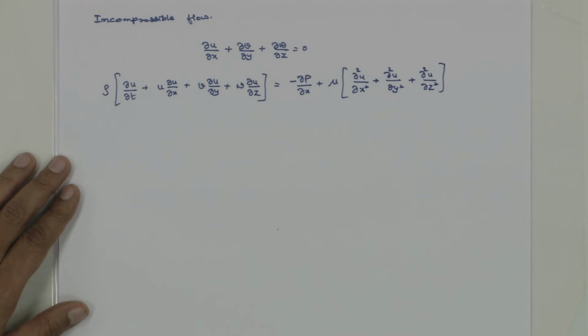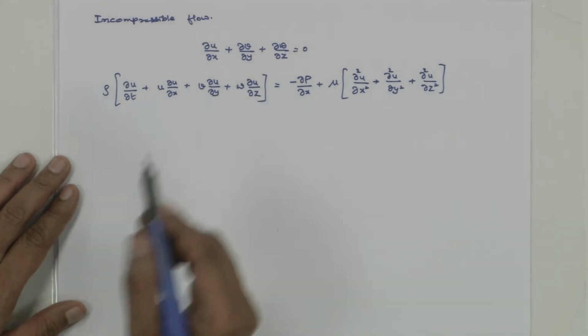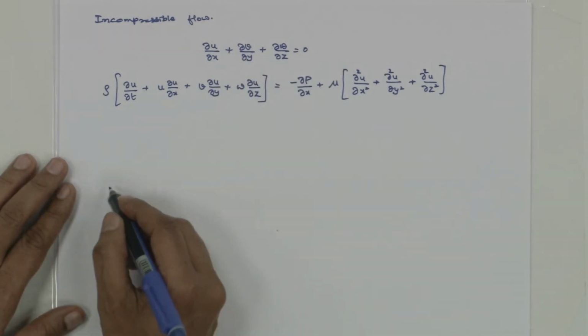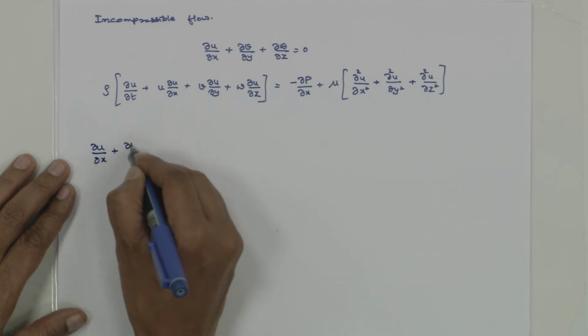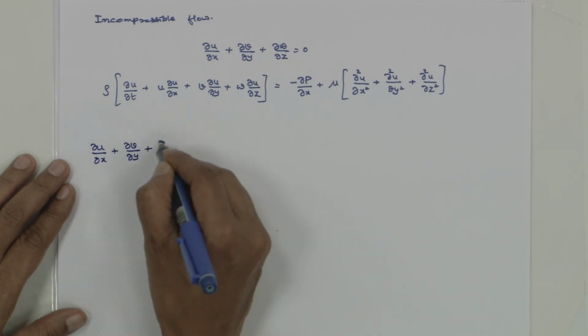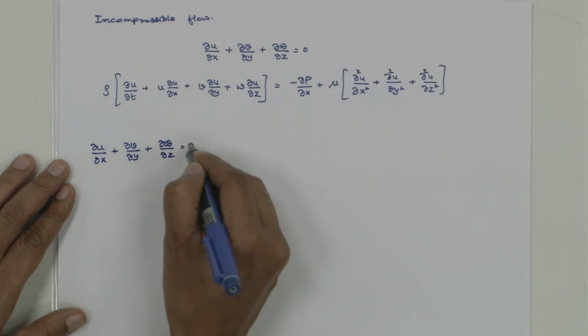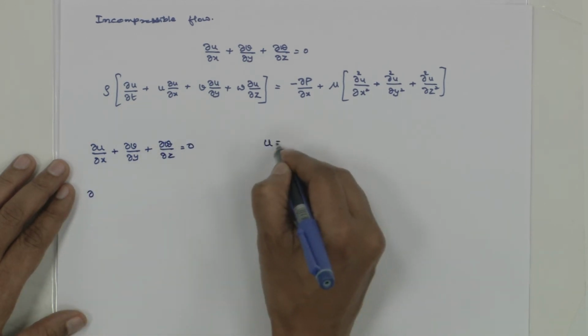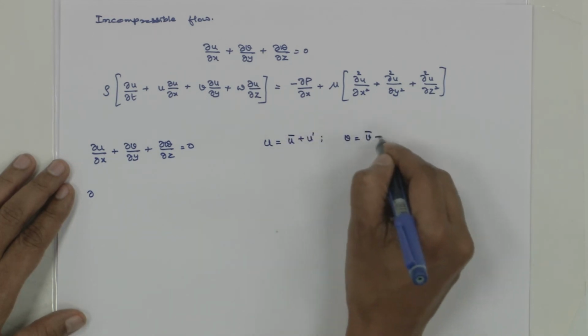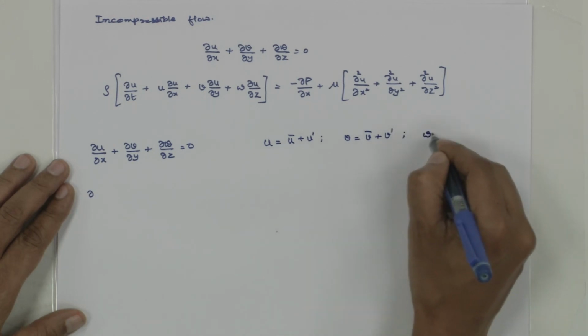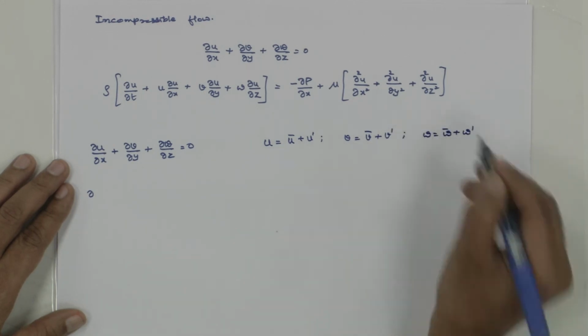Before we write the temperature equation, let us just try to Reynolds average the continuity equation, that is del u by del x plus del v by del y plus del w by del z equal to 0. I can replace u with u bar plus u prime, v with v bar plus v prime, and w with w bar plus w prime.